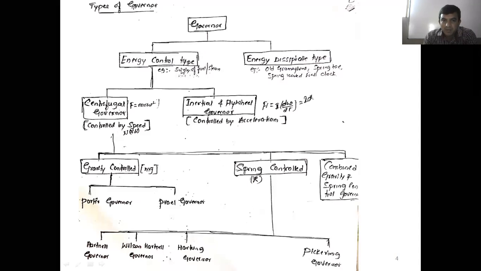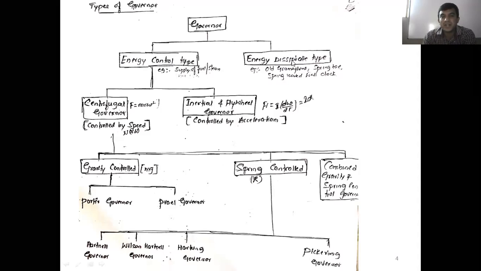For example, you supply fuel, steam or water to the turbine or to the engine. That is called the energy controlled type governor.